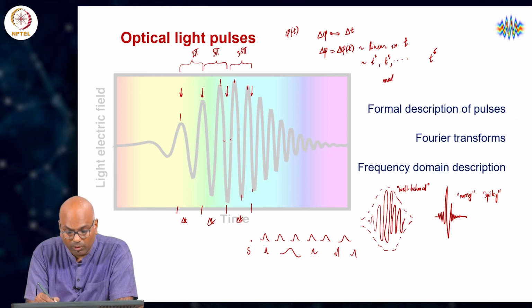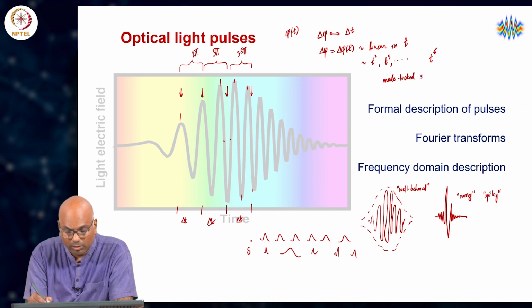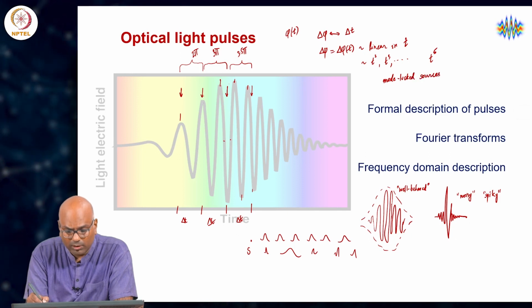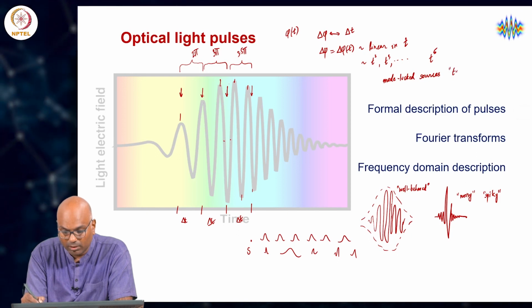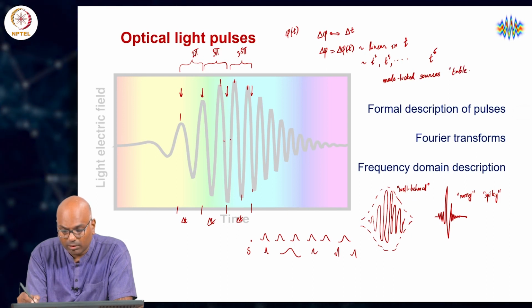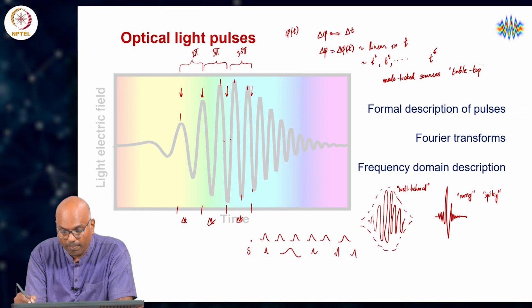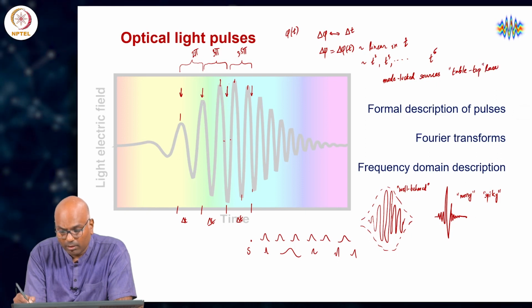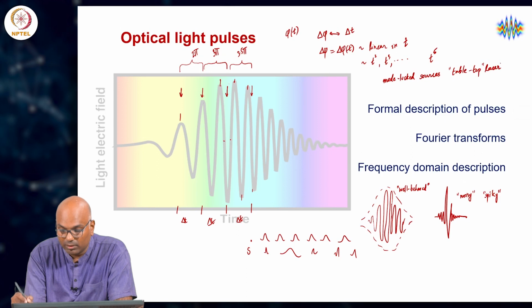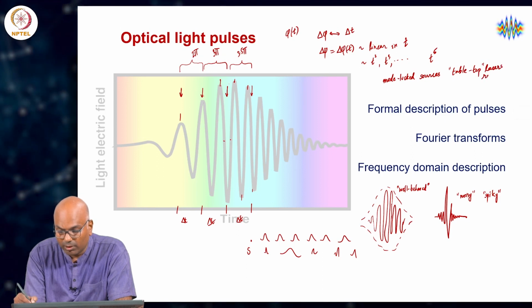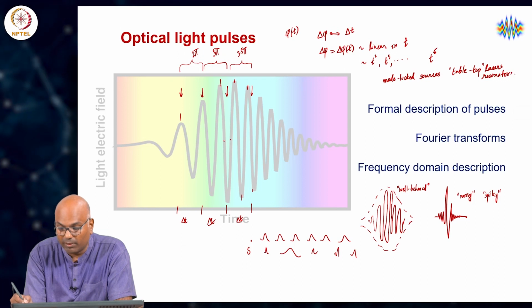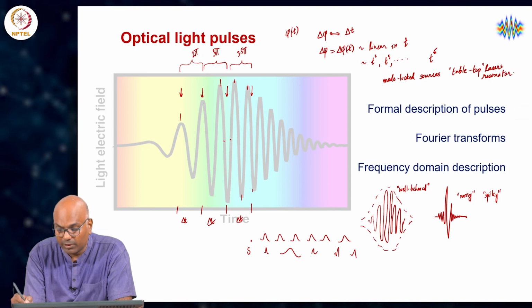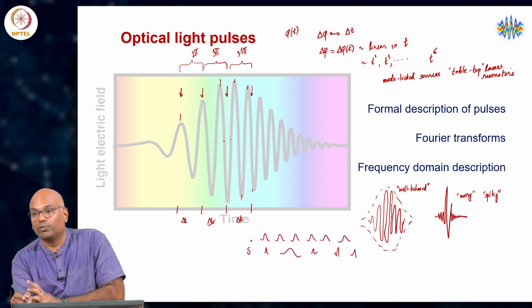One is based on what we call mode locked sources, which are tabletop lasers, or rather based on resonators, based on optical resonators. That is where the power of resonators really comes to the fore.